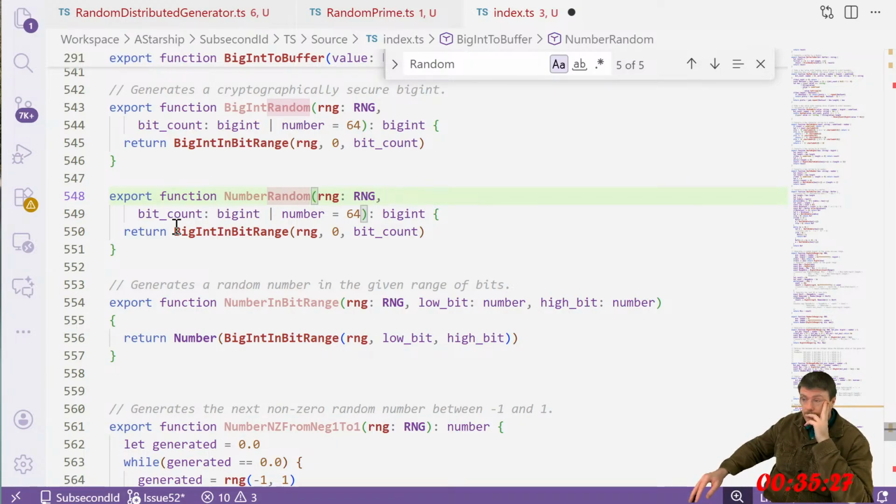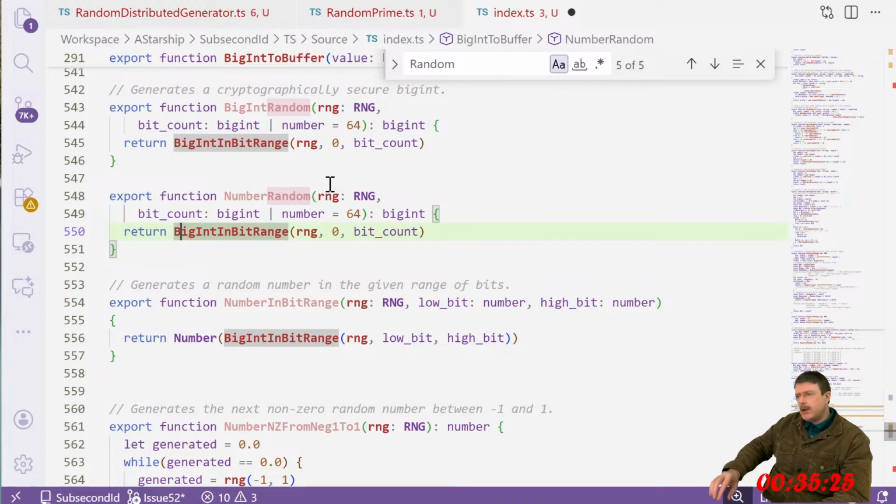Number in range. Number in bit range. What is this?